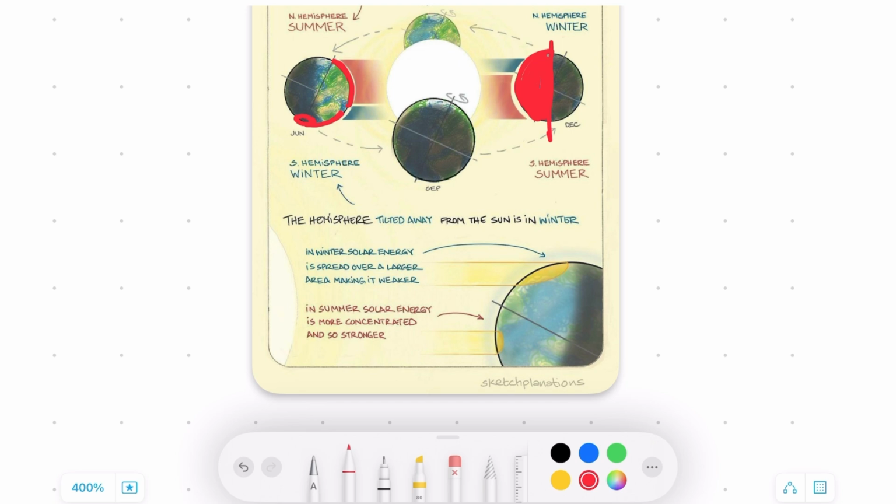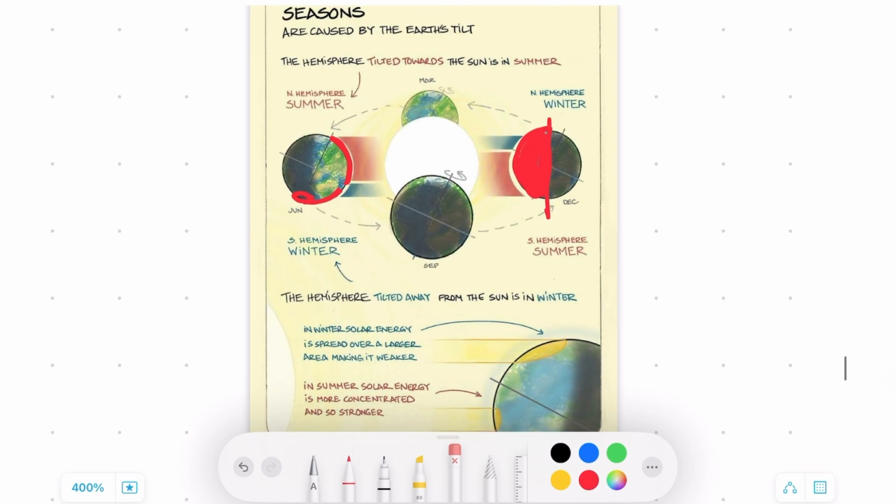If there were no different temperatures in different portions of the Earth, then there would be no wind being created. If there were no wind patterns being created, there would be no seasons as we know them, right? So the seasons are purely because of the tilt of the Earth.